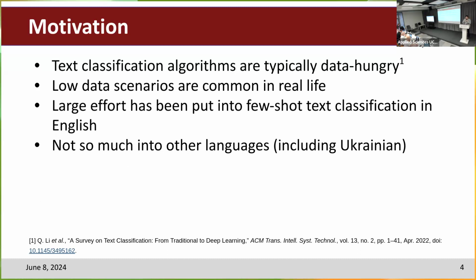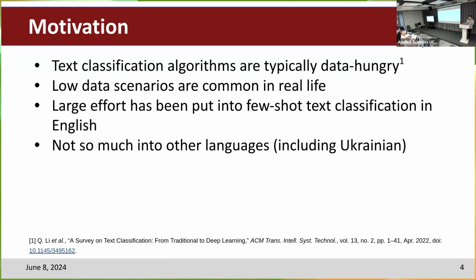And at the same time, low data scenarios when large volumes of data are not obtainable are quite common in real life. And this problem has spurred an occurrence of a framework called Few-Shot Learning, which aims at training efficient algorithms with limited training data.